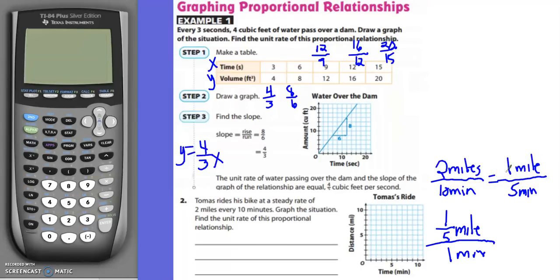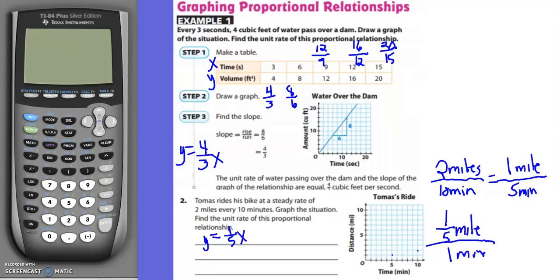We're looking at an equation of y equals 1/5 x. So to draw 1/5 x, we're going to go up 1 to the right 5. Okay, and then we're going to go up 1 to the right 5, which should be 2, 10.